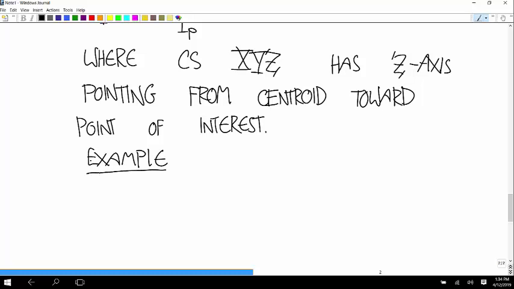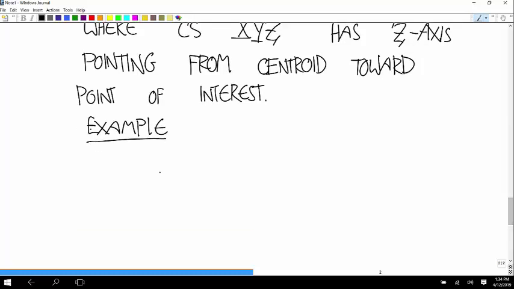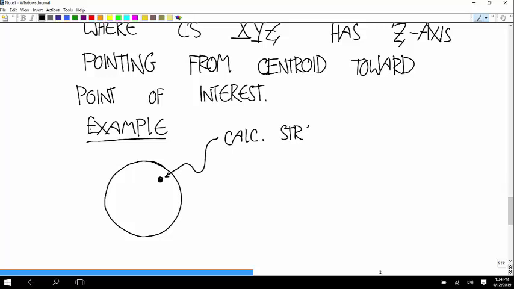As an example, let's say that we have this circular cross section and we want to calculate the stress due to torque here. How do we do that?